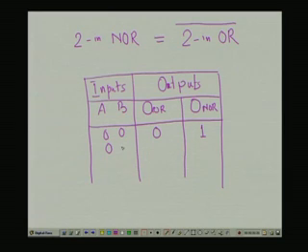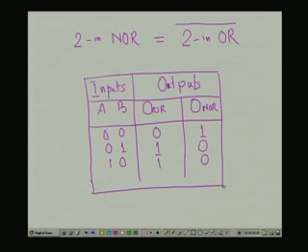Now, if any one of the inputs is 1, then the output of OR will be 1, and NOR will be 0. If it is 1 0, then OR is 1, NOR is 0. If it is 1 1, then OR is 1 and NOR is 0. So, this is my truth table of the OR and NOR gates.